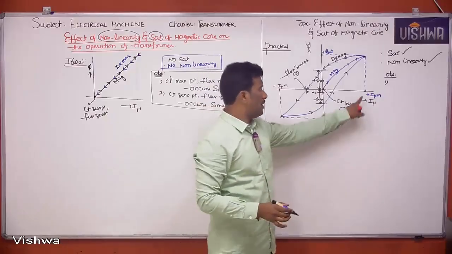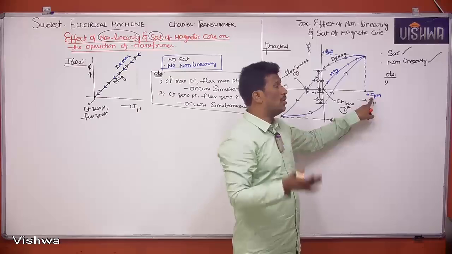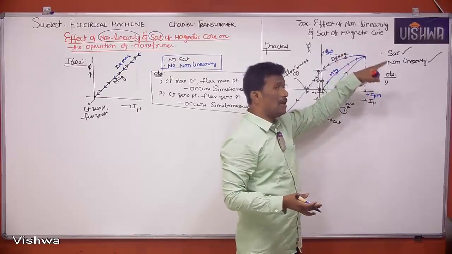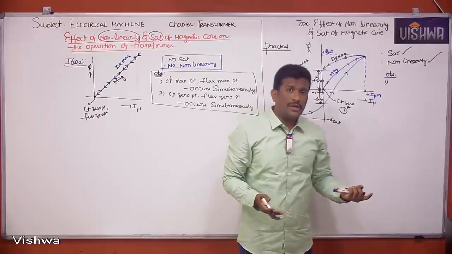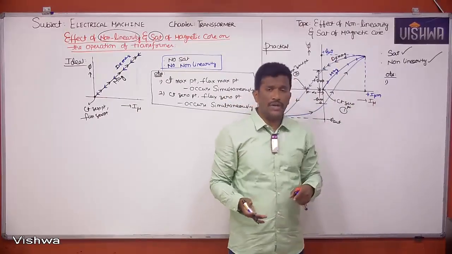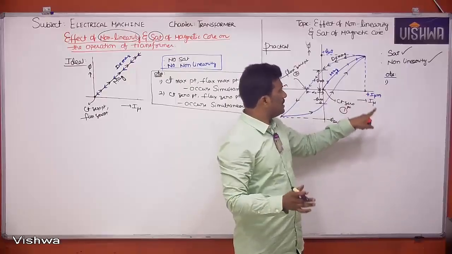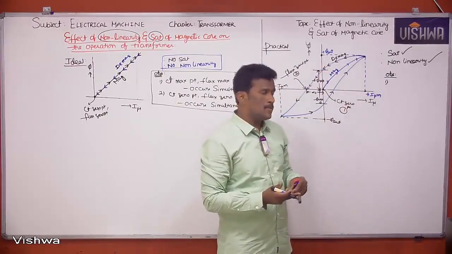You may think, sir, in a practical case, if I take I mu to infinite also, flux will not increase, it will enter saturation. Then how can you say that current maximum point and flux maximum point occur simultaneously? Practically, I cannot take I mu to infinite, generally. So practically, this is the maximum point of your I mu, this is the maximum point of your pi, that's it. So they are occurring simultaneously.